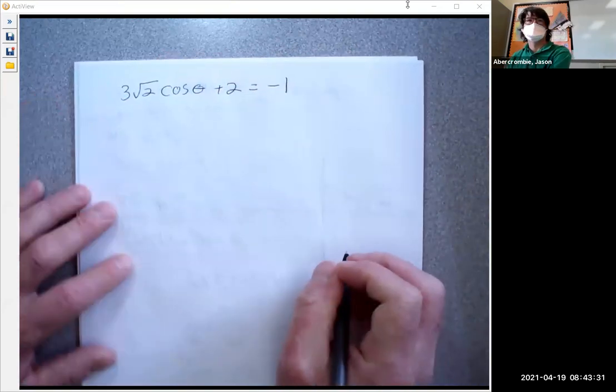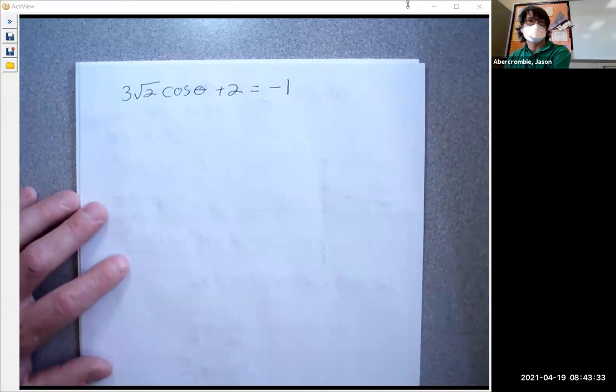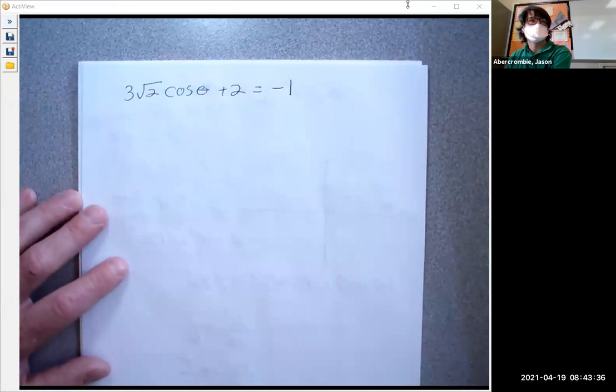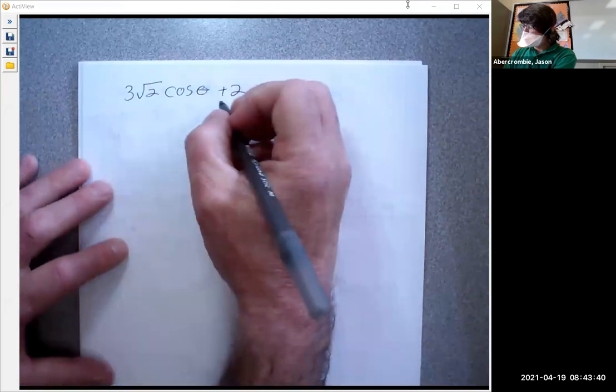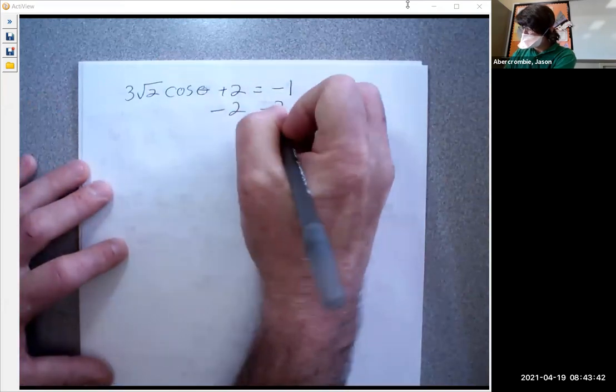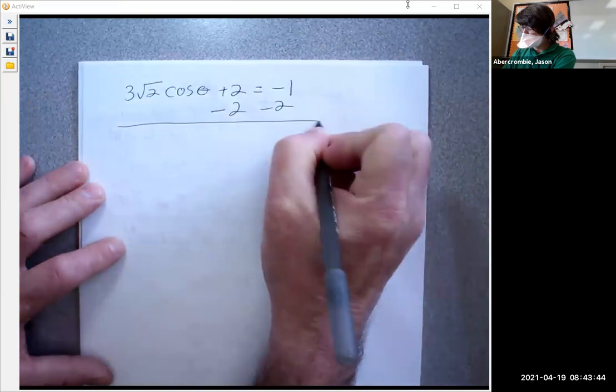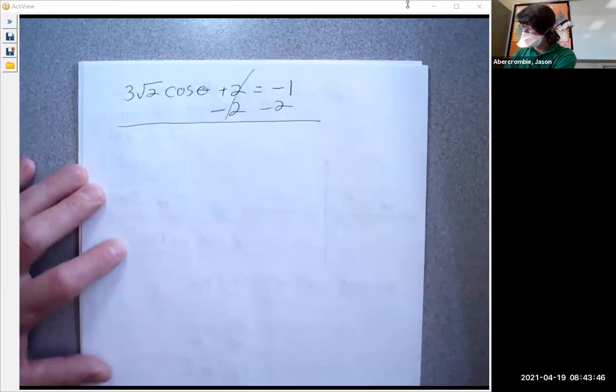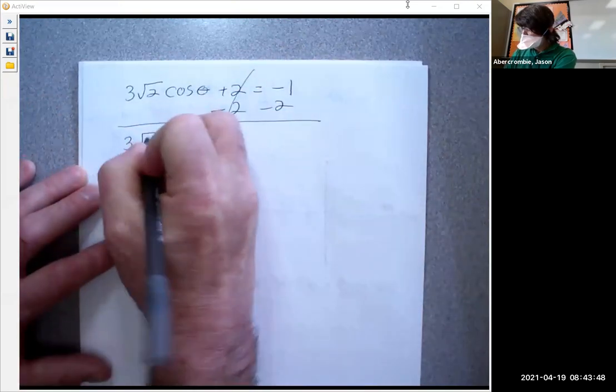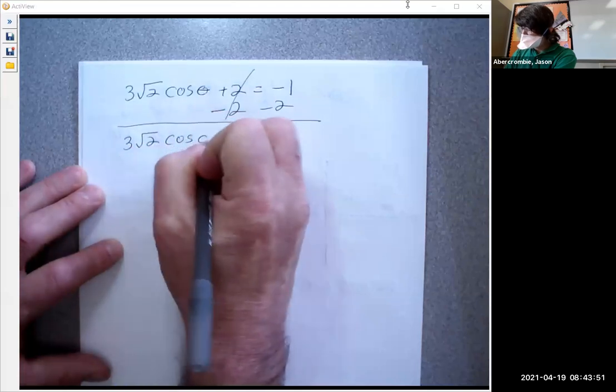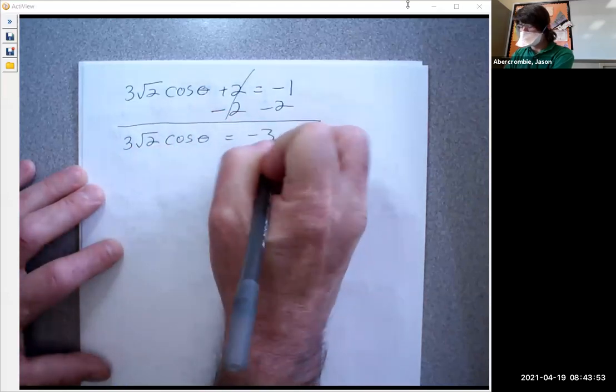Let's try this one. This one we have to do some algebra with first. So I'm going to start by taking away 2 from both sides, just like, you know, the good old days in algebra 1. Cross that out. 3 roots of 2 cosine theta equals -3.